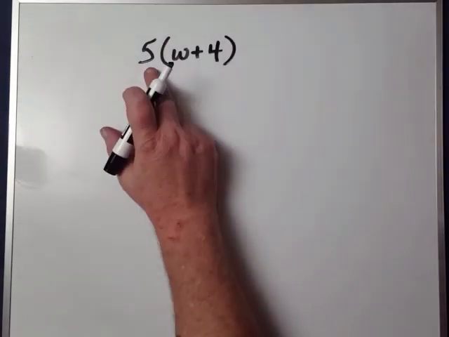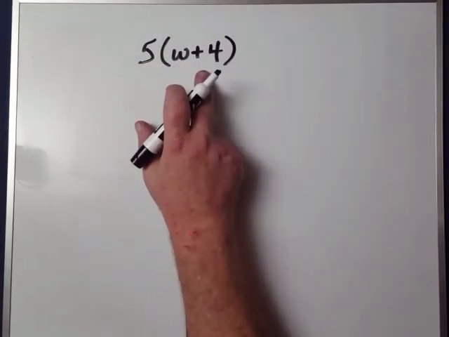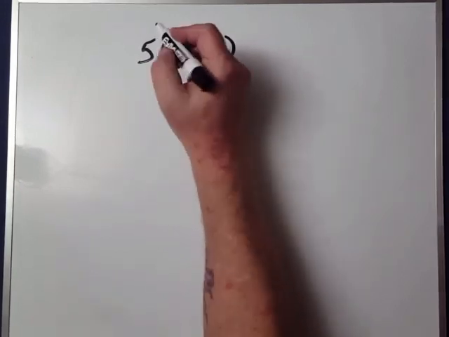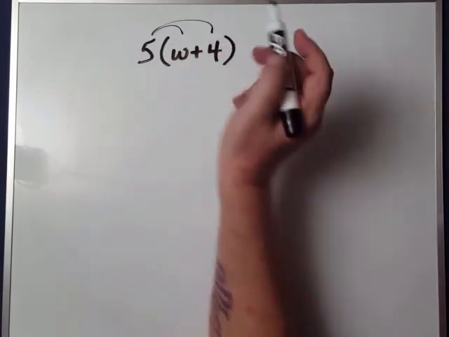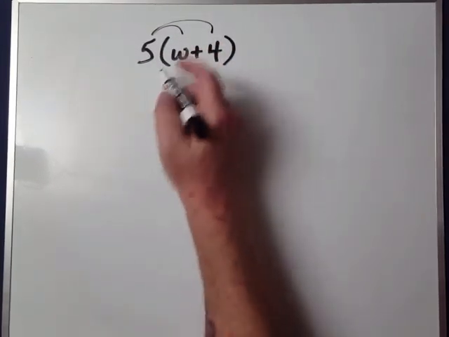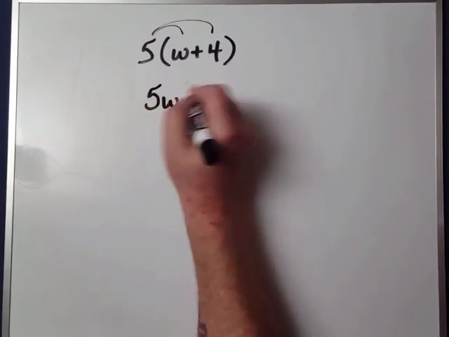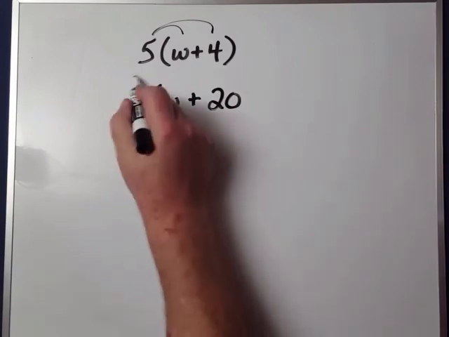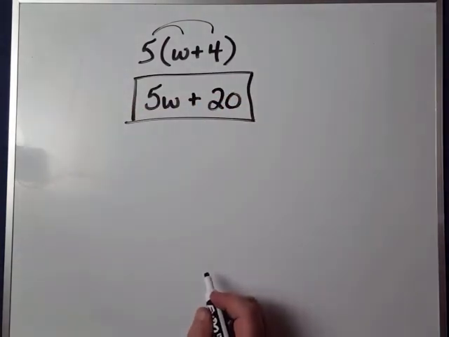Can I go ahead and perform the multiplication out front without adding in the parentheses? I can if I distribute. I can use my distributive property to distribute this 5 over this addition. 5 times W, 5W. 5 times 4, plus 20.